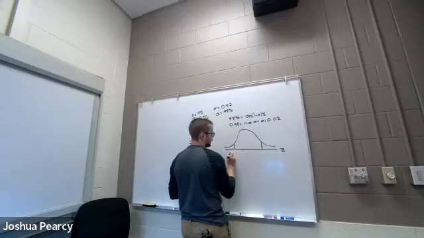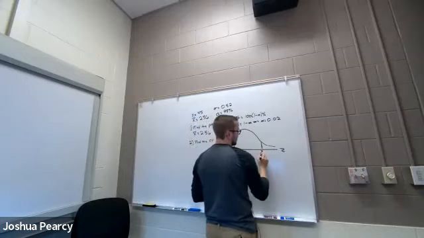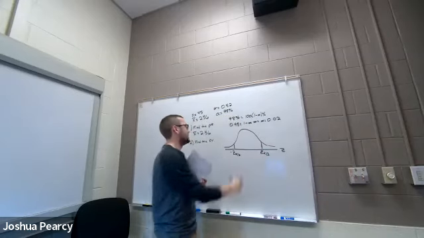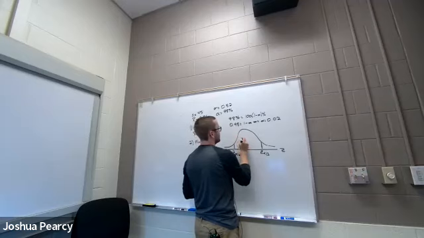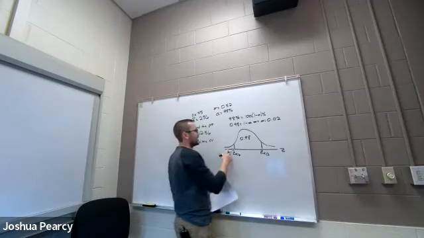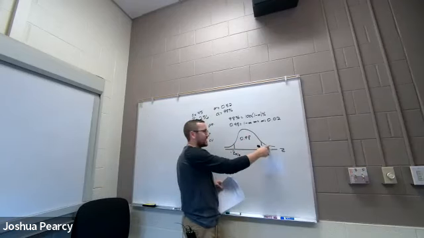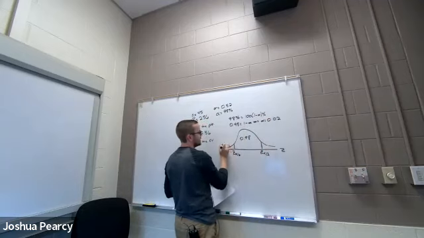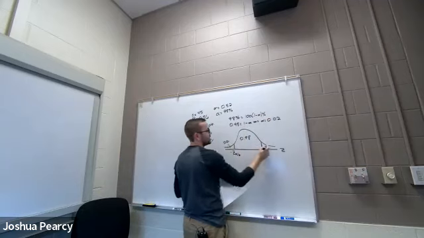So here is your negative z alpha over 2, and here is your positive z alpha over 2. The area in the middle is 1 minus alpha, or 0.98. Then the area in these two tails added together will give you the value of alpha, 0.02. Then there is alpha over 2 area in each tail.